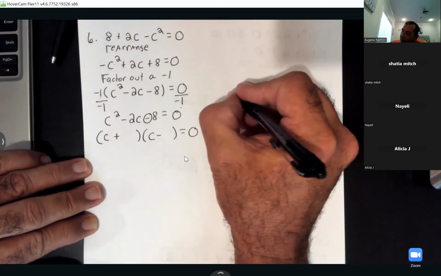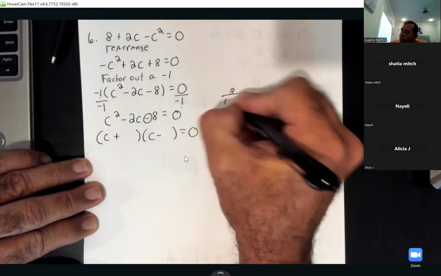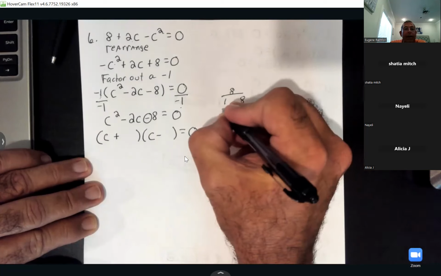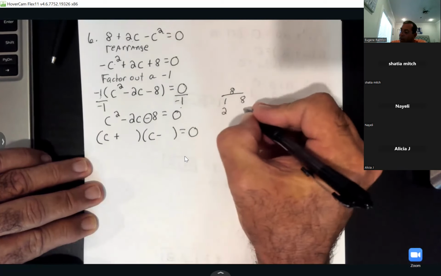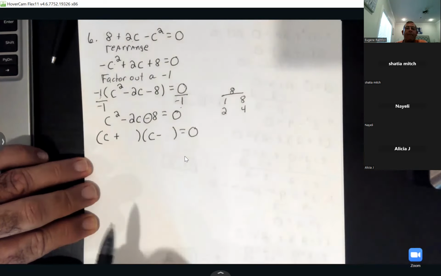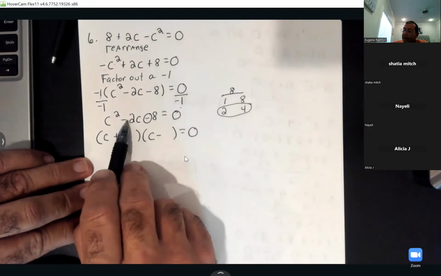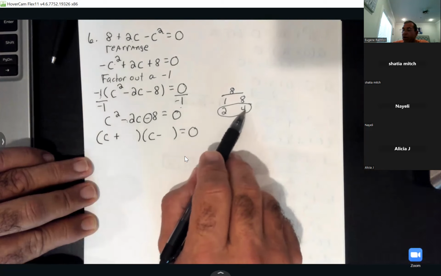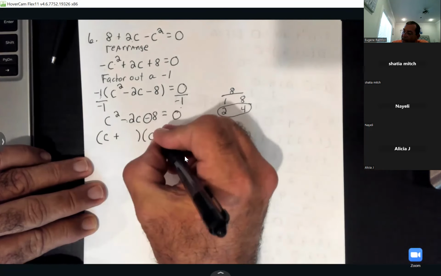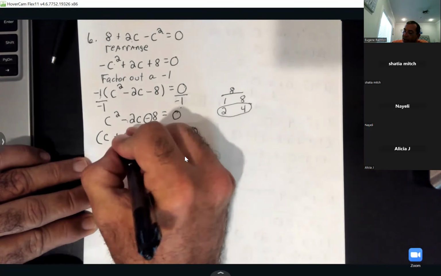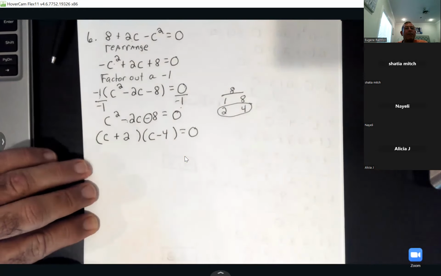So y'all, let's see what we got. 8 is 1 and 8. And then what? 2 and a 4. So 2 and 4 is the numbers I need. The middle number is negative. So the larger number 4 will be negative. And the 2 will be positive.